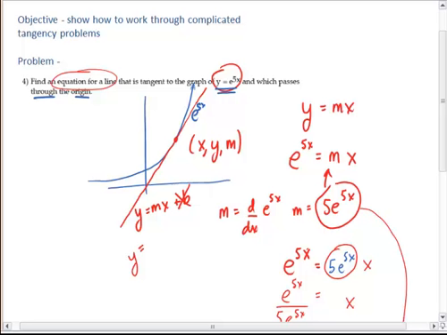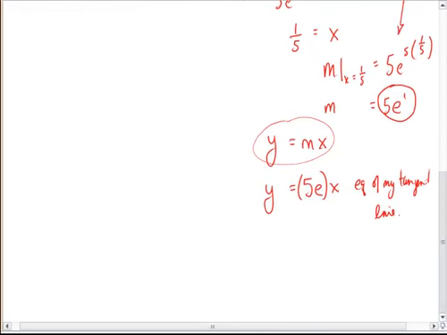I'll just write it here so that we know our equation is y equals 5e, which is a constant at this point, times x. Let's try to do another problem.